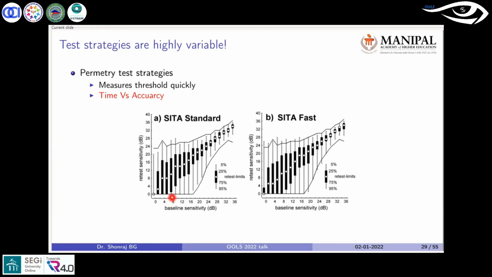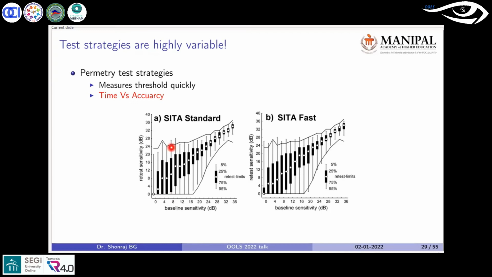Then when they asked them to come and do the perimetric test again within a week's time or so, for the same location the threshold values ranged from 0 decibel to 24 decibel. It can range anywhere from 0 to 24 decibel. That means you really don't know whether this patient has actually progressed or whether it is just the variability you are getting.